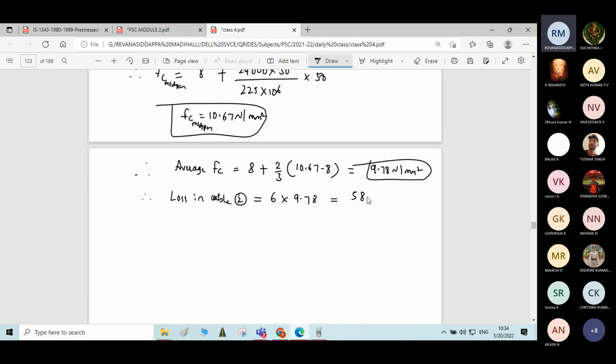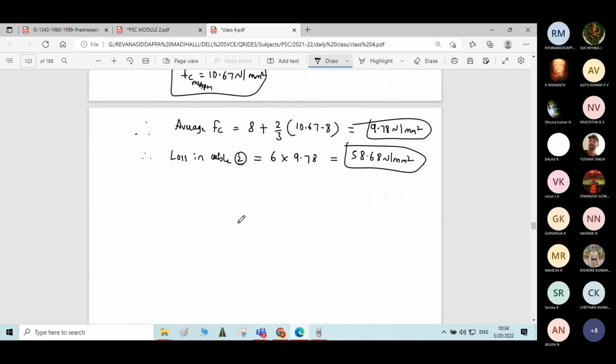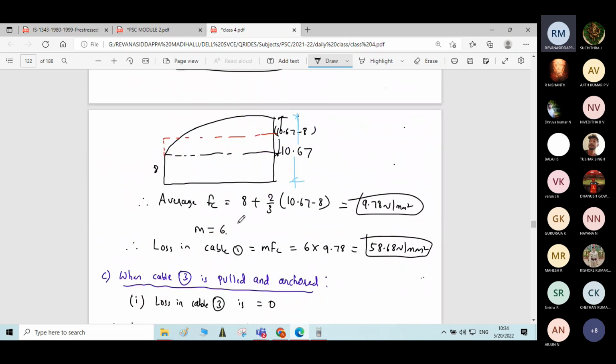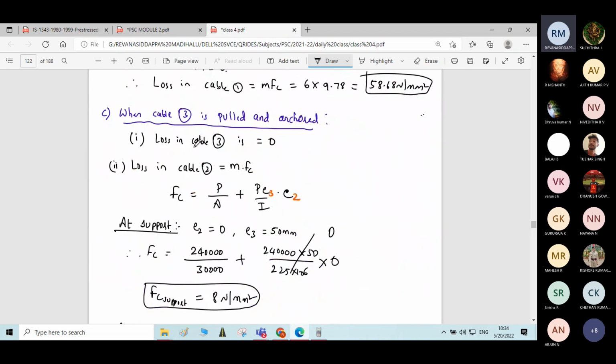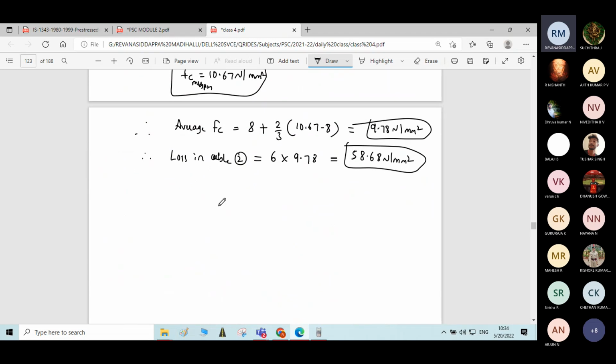So we will get 58.68 Newton per mm square. Okay. Now what have you calculated? When cable 3 is pulled, loss in cable 3 is 0. Loss in cable 2 is 58.68 Newton per mm square.